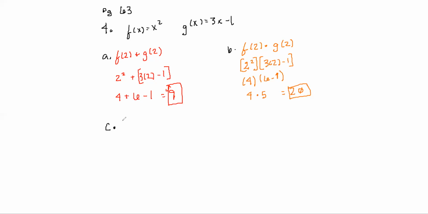C. Now we have f of g of 2. What is the first thing we're going to find right now? g of 2. Precisely. g of 2 is equal to 3 times 2 minus 1, which is equal to 6 minus 1, which is equal to 5.